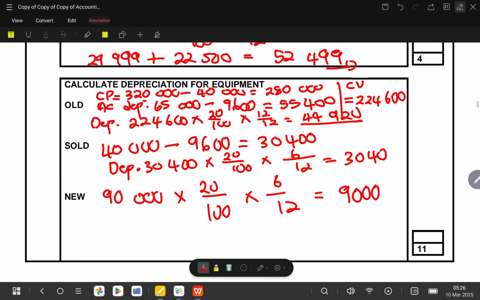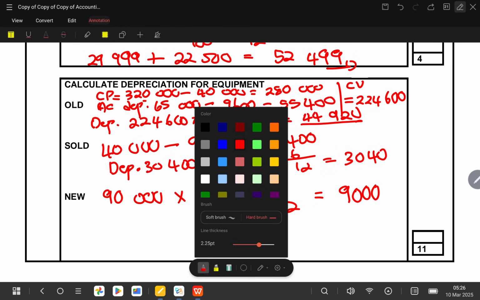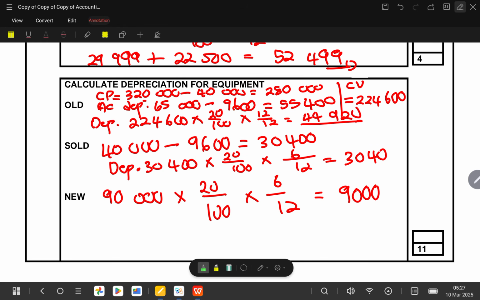So this is the depreciation of the old one. Okay, so our total depreciation for the year, guys, is going to be this one here, plus this one, and then this one. So our depreciation for the year is going to be 44,920 plus 3,040, and then we also say plus 9,000. It will give us the depreciation for the year.